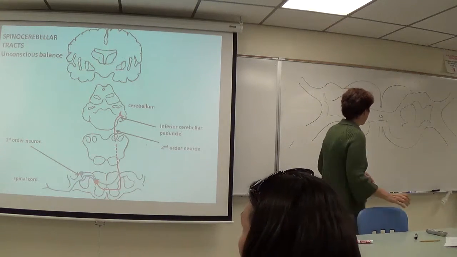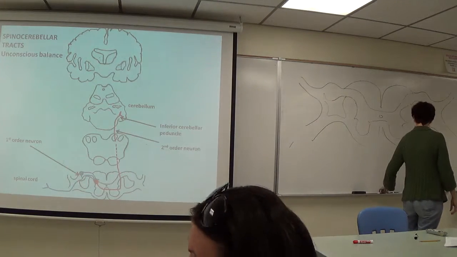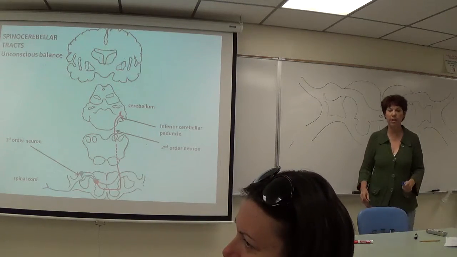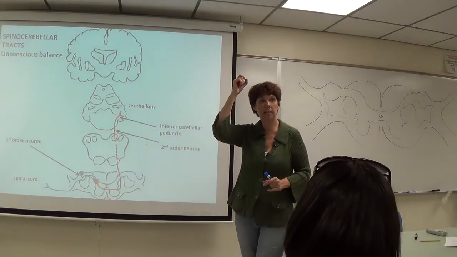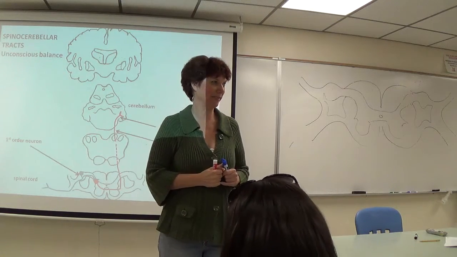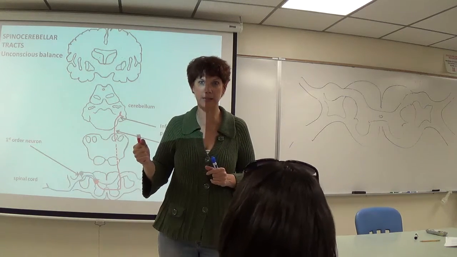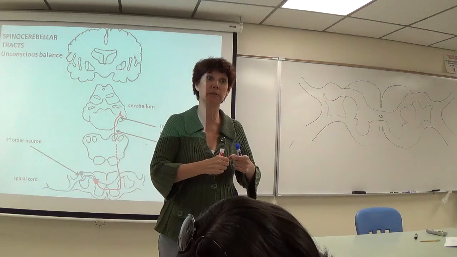Alrighty? And for conscious movement, when I decide I am going to move my eyeball, that decision starts in the precentral gyrus. Remember, postcentral gyrus is sensory. When I make a conscious decision, I'm in my frontal lobe.